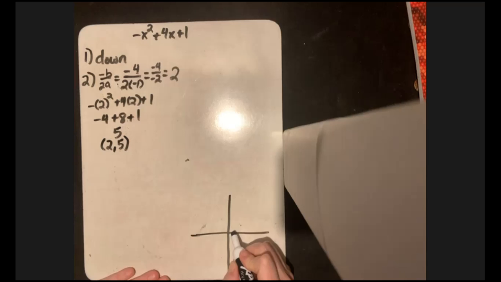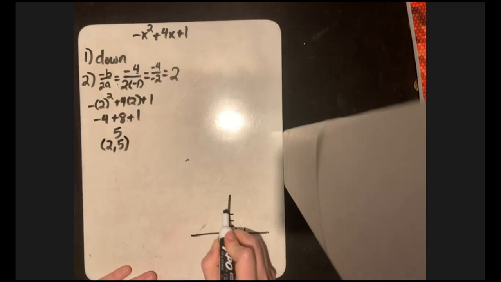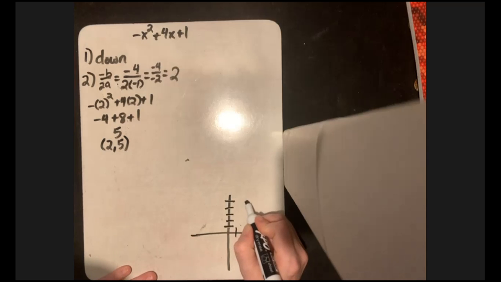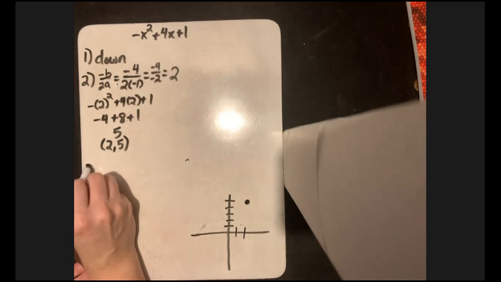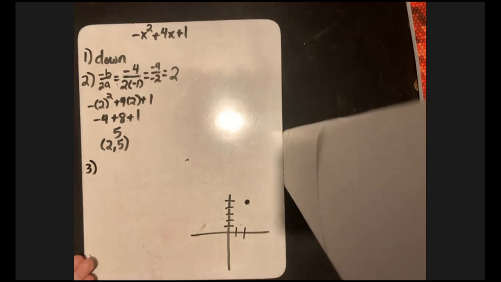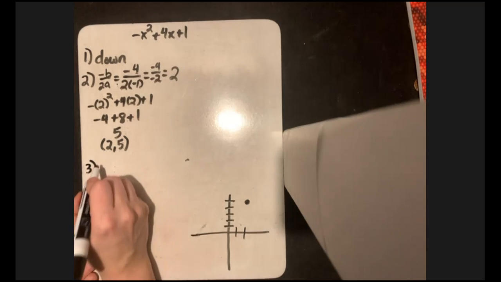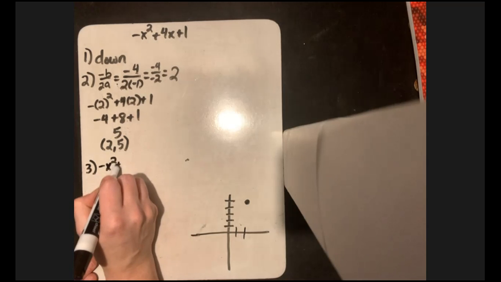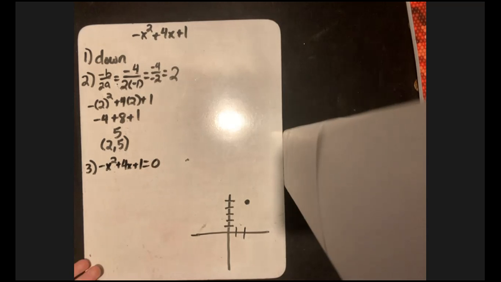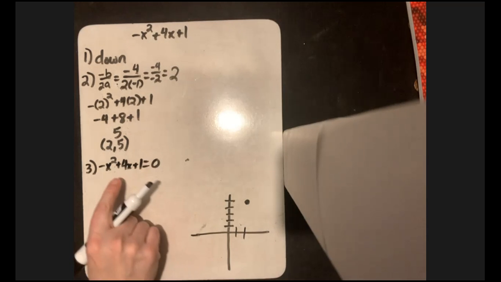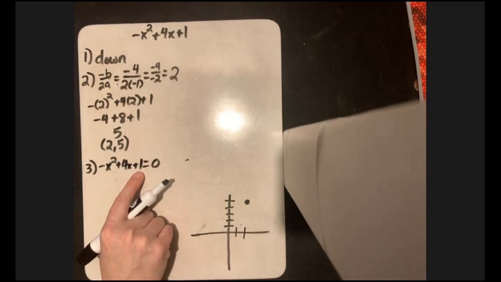So I'm going to go ahead and graph that. 1, 2, 1, 2, 3, 4, 5. So I'll go ahead and get that lovely point in place. There it is. Okay, now for 3, I need to find my x-intercepts. So again, that means I'm going to take my equation and set it equal to 0. Now, working with this, knowing how the factoring stuff works, I've got to multiply to get a 1.